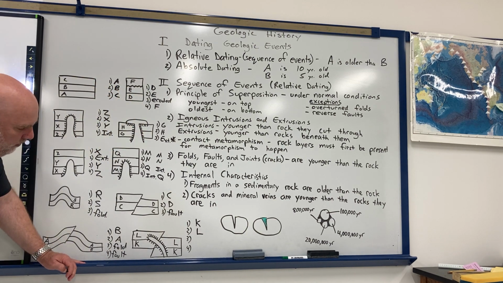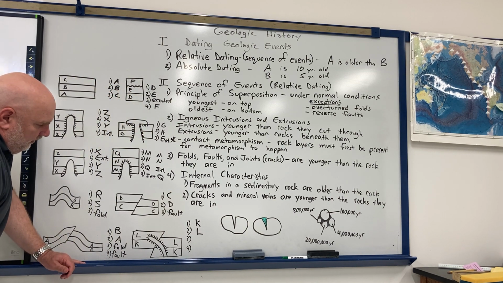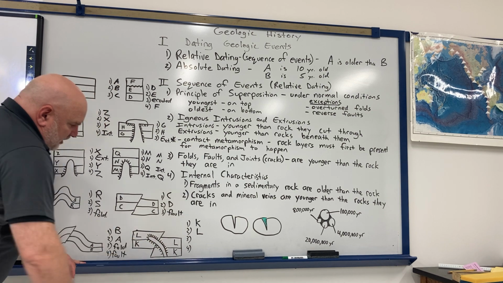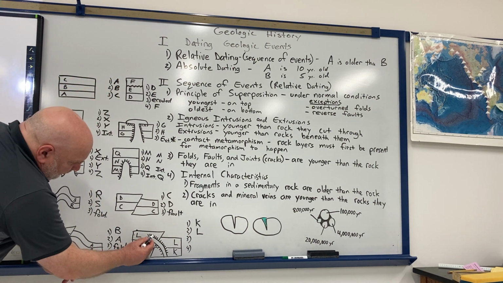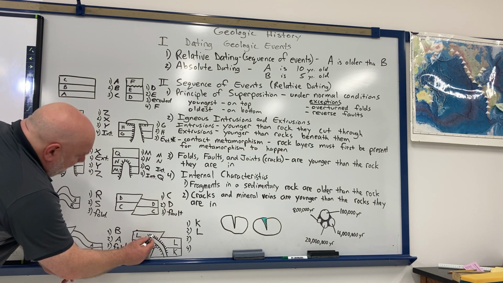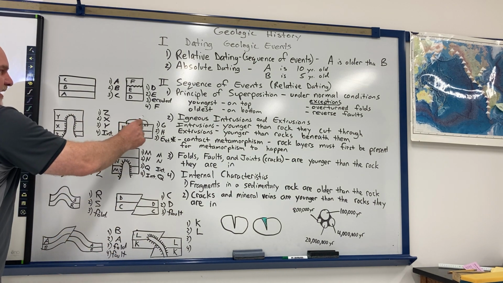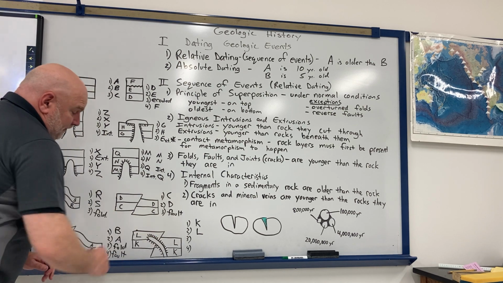Now I have a fault and an intrusion. I know it's an intrusion and not an extrusion because there's contact metamorphism on top. Extrusions do not have contact metamorphism on top, so I know that's an intrusion.